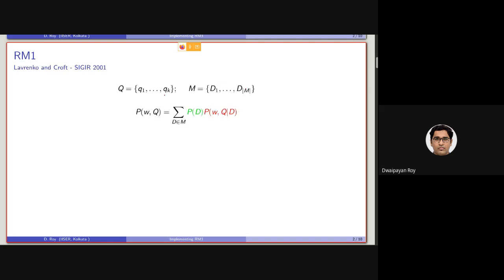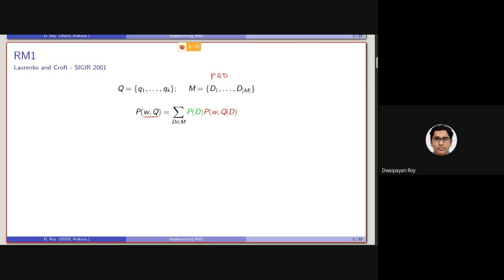So particularly, for a given query Q and a selected set of pseudo-relevant documents, we computed P(W, Q), that is, the joint probability of the word occurrence W together with the query terms, as following an independent and identically distributed sampling.